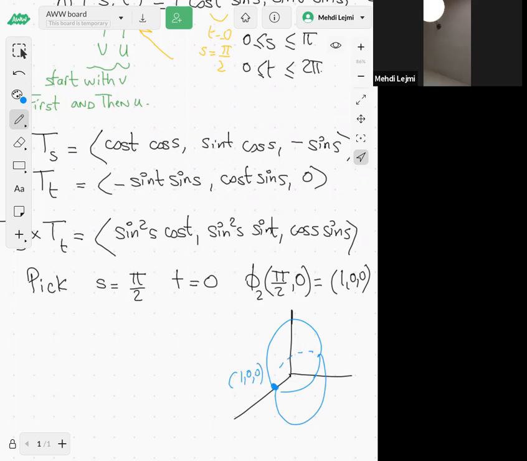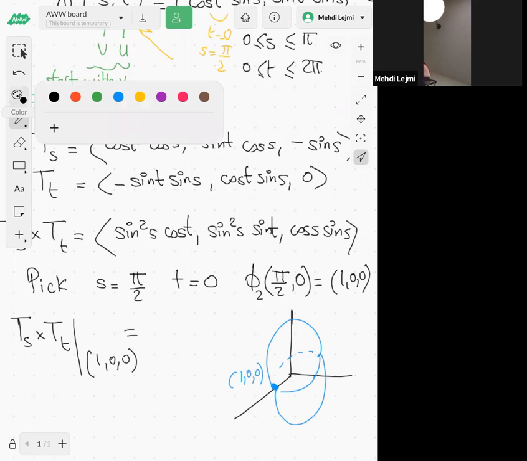Now, what's the normal vector at the point 1, 0, 0? So I'm going to have my T_s cross product with T_t at the point 1, 0, 0. At this point, s is pi over 2 and t is 0, right?